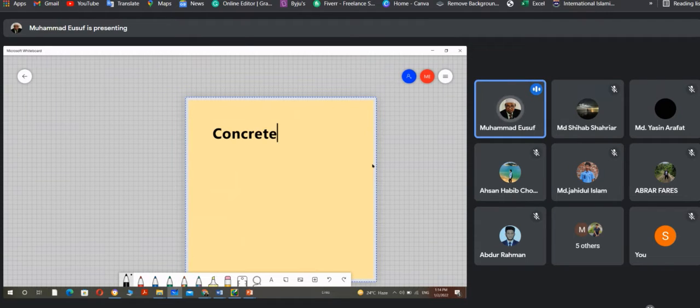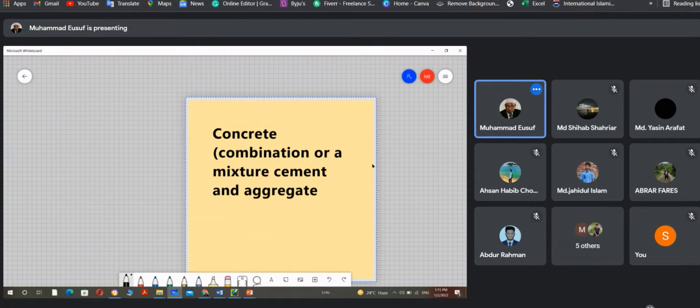Concrete is a combination, or a mixture, of cement and aggregate with water. Is it clear to everyone?